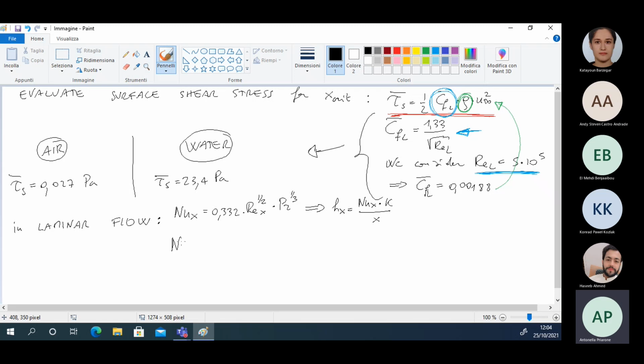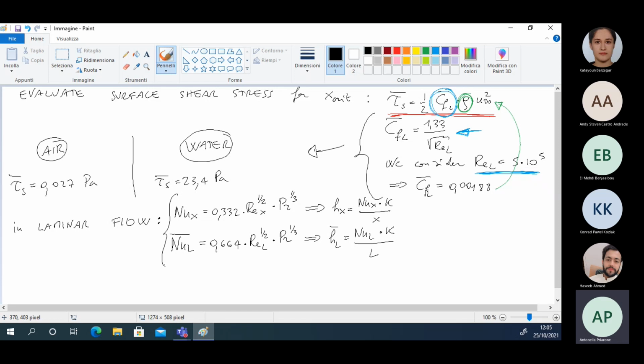The average value of the Nusselt number is equal to 0.664 multiplied by Reynolds L to the 1/2 multiplied by Prandtl to the 1/3, and so the average value of the H coefficient is Nusselt L times k divided by L. These are the correlations to be used.